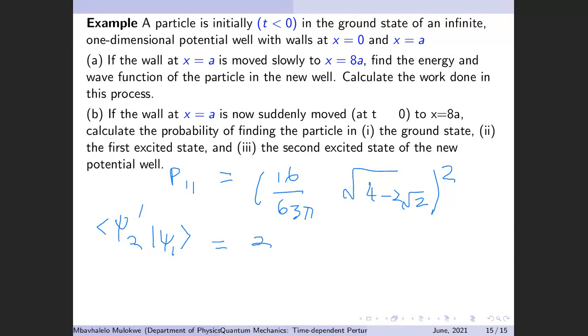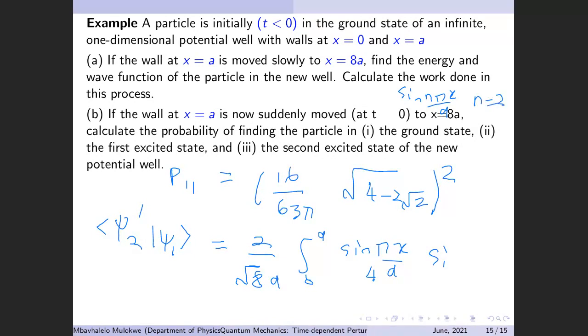So this gives you 2 over square root of 8a, integral from 0 to a of sine pi x over 8a, with sine 2 pi x over a, because the wave function is sine n pi x over a, and the first excited state corresponds to n equals 2.